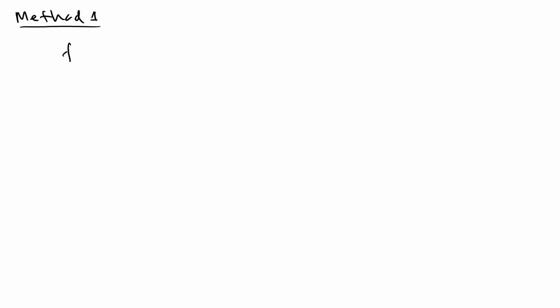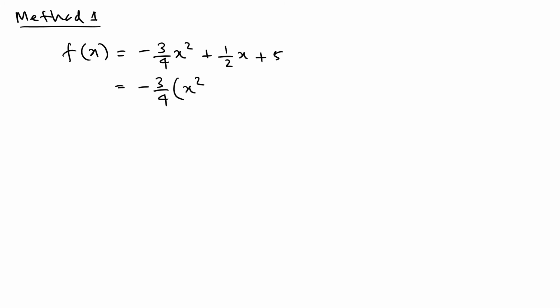So we're going to start with f(x), which is negative 3/4 x squared plus 1/2 x plus 5. We're going to pull out negative 3/4, the coefficient of x squared. So we get x squared. That means we have to divide the second term by that. So how to do that? We have 1/2.